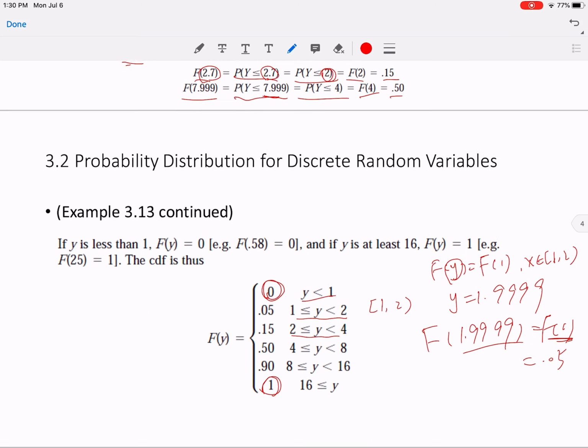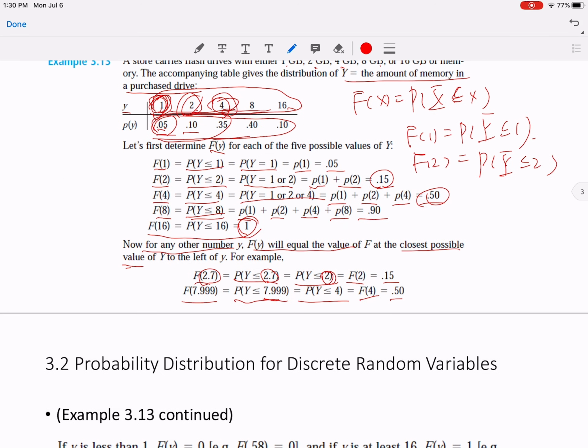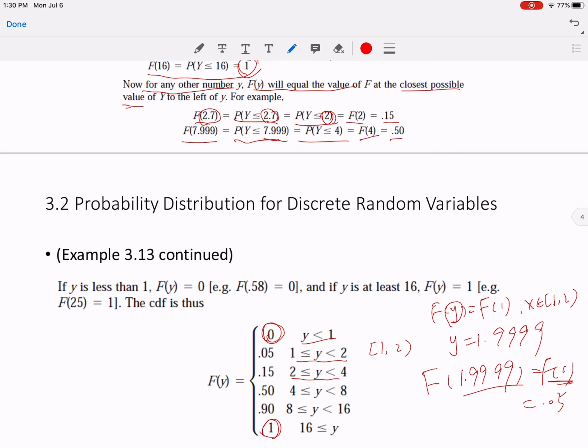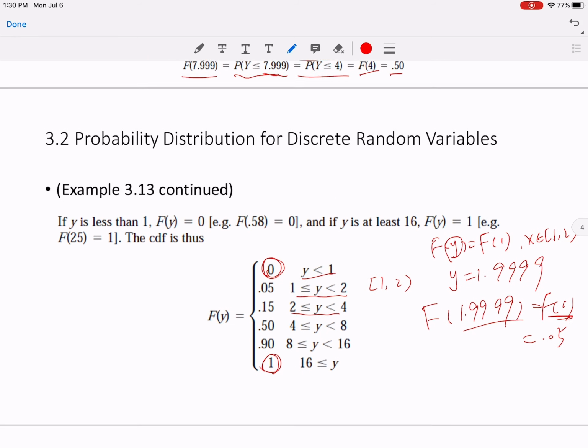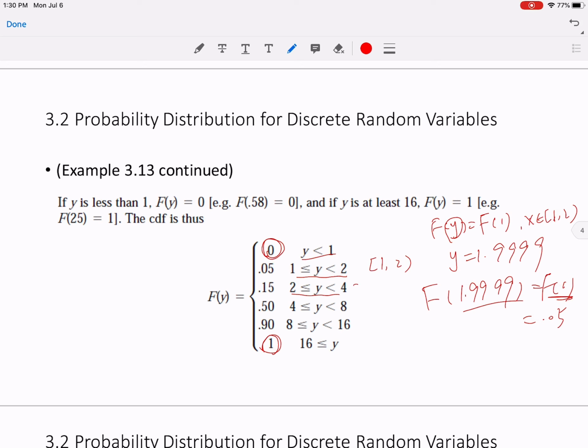And then for the next interval, we start with the second possible value of y, so between 2 and 4. This would be equal to f of 2, which is 0.15, because this is equal to f of 1 plus f of 2. And the next one would be the probability between 4 and 8. Let me rewrite it clearly.